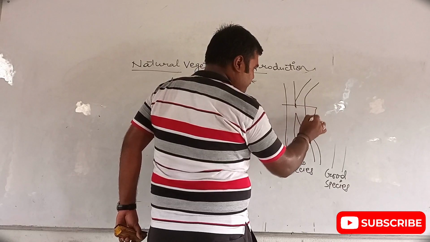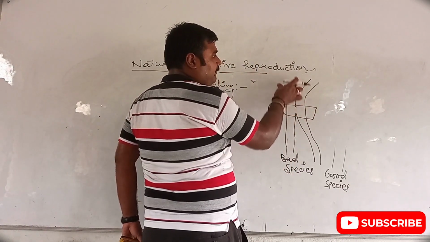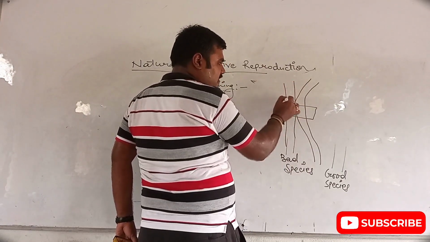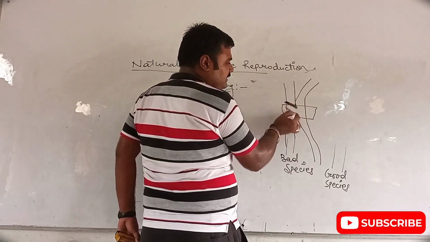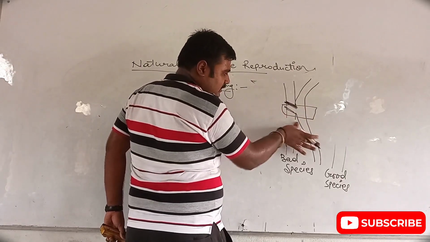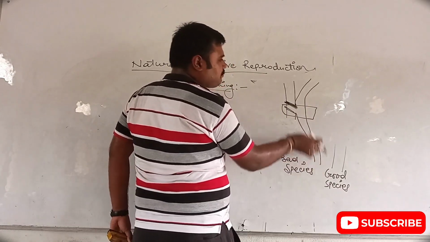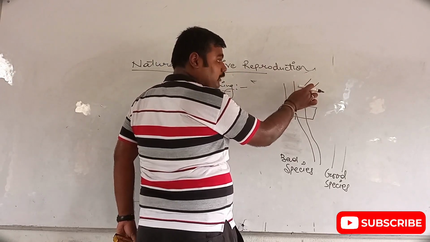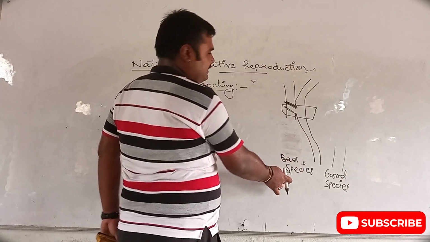Later on, the part present above the branches of the bad species slowly attaches to the good species plant. Later on, the bad species is removed from the lower part and the good species transfers its nutritional character to its own part and also to the part of the bad species attached to it.